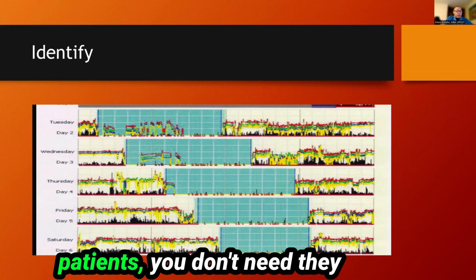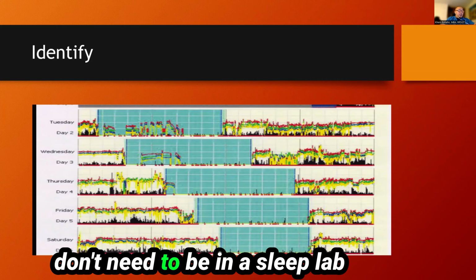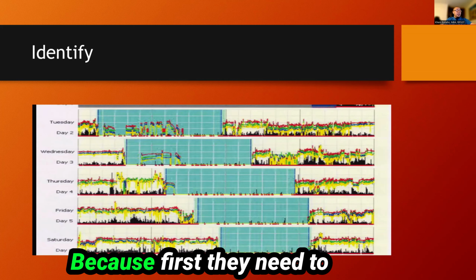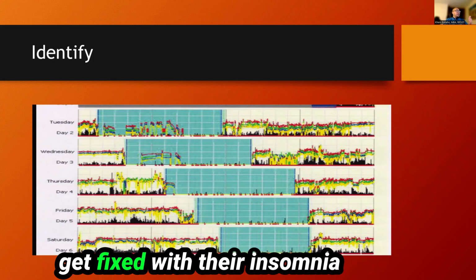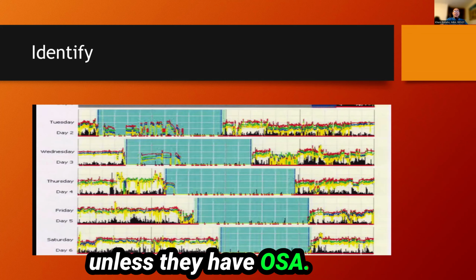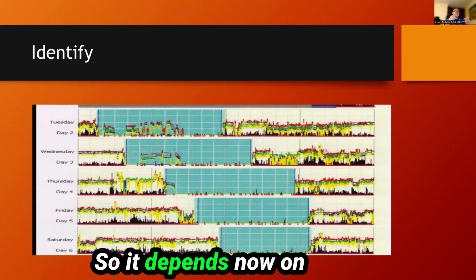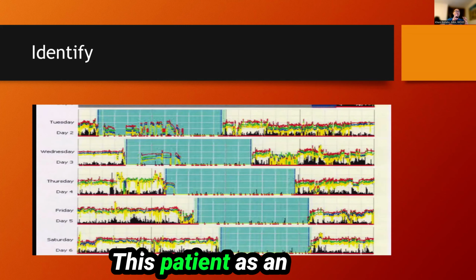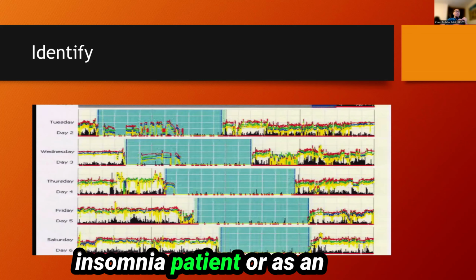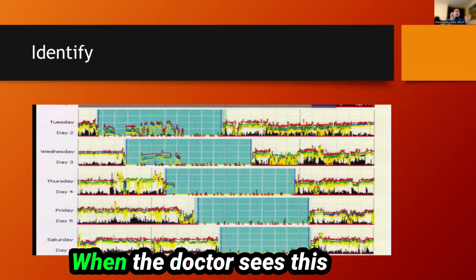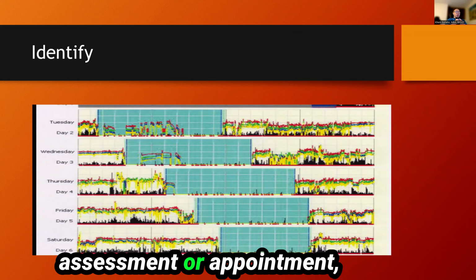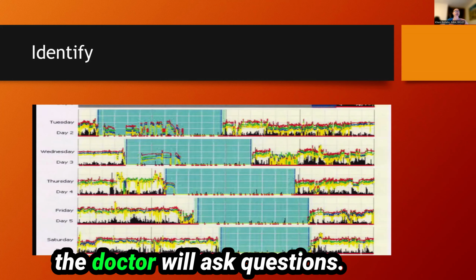Technically, insomnia patients don't need to be in a sleep lab to do an overnight sleep study, because first they need to get fixed with their insomnia unless they have OSA. So it depends on whether the doctor assesses this patient as an insomnia patient or as an OSA patient. When the doctor sees this patient at the initial assessment or appointment, the doctor will ask questions.